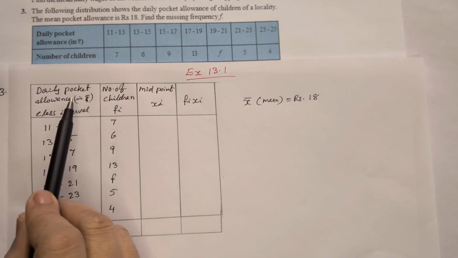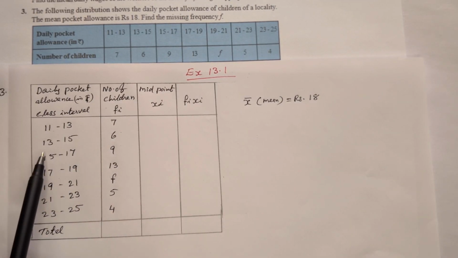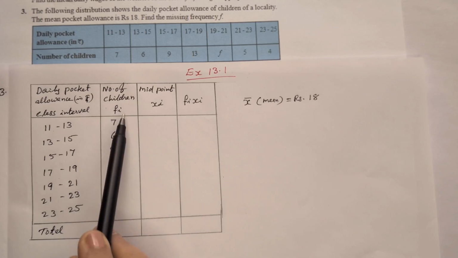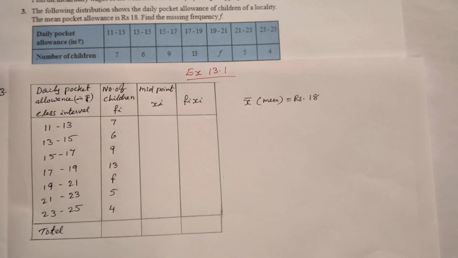For that, first daily pocket allowance in rupees, that is class interval, Fi number of children, that is frequency.